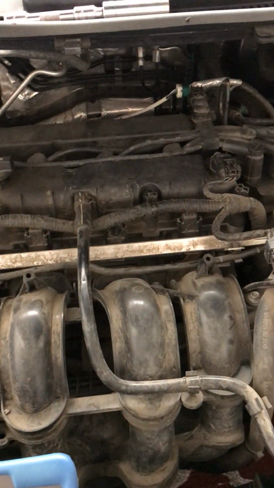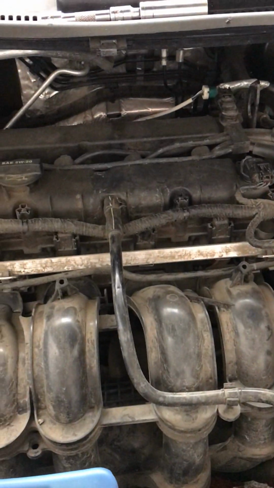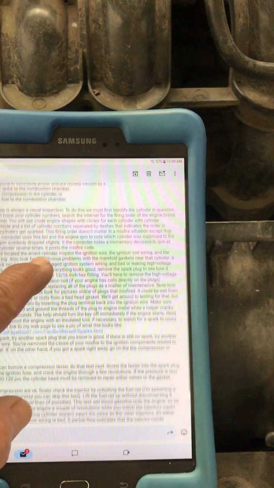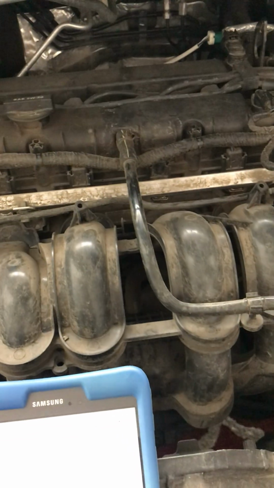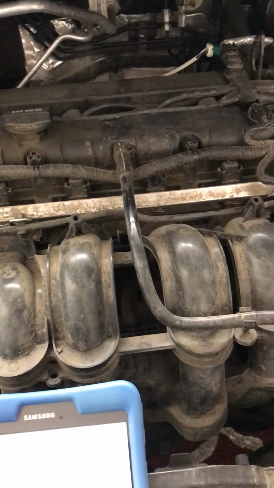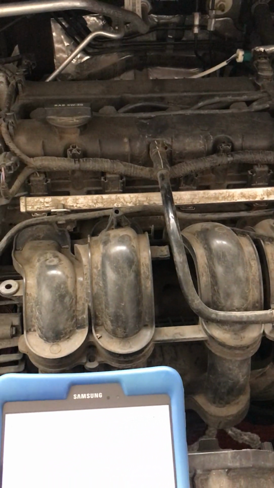So I know it's not a problem over here. I know it's localized to cylinder number 3, because that's the only misfire code I got. How does the computer know it's misfiring on cylinder number 3, you might ask? Well, it uses the firing order and looks at the RPM.